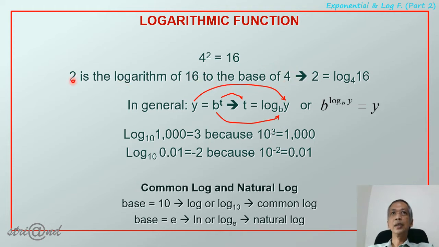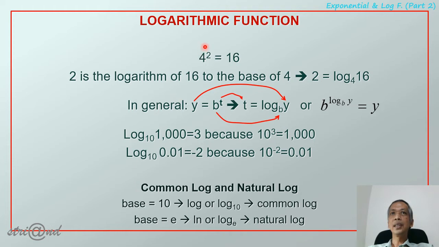This can be written formally in a logarithmic function as 2 is the logarithm of 16 to the base of 4.